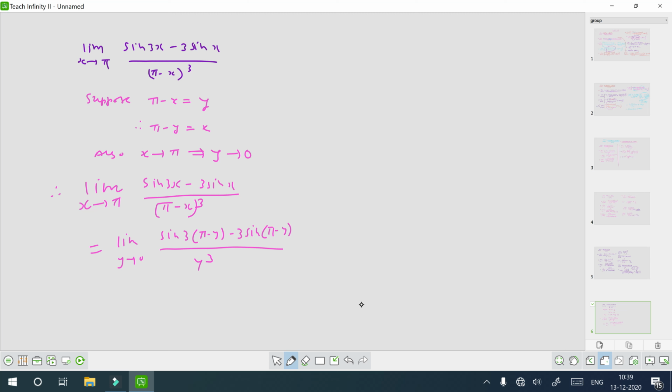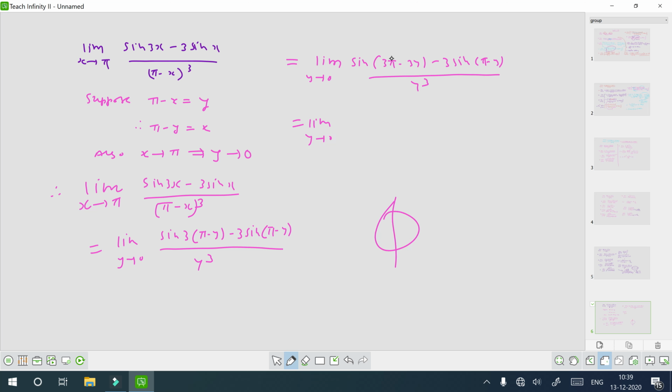Yes or no? Yes. And that is equal to the limit y tends to 0 of sin 3 pi minus 3y minus 3 sin pi minus y over y cube. And that is equal to the limit y tends to 0.